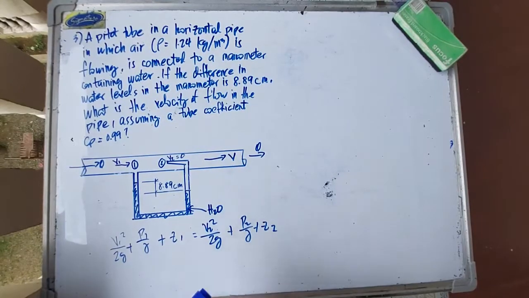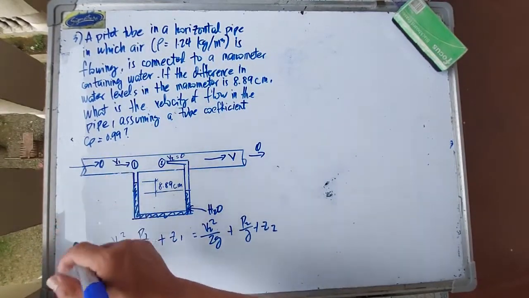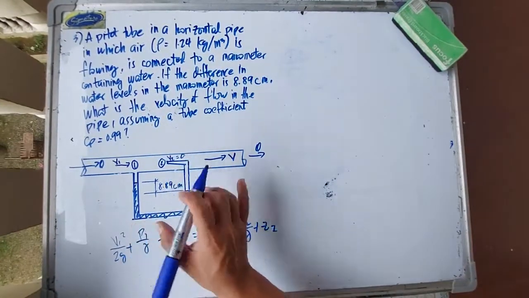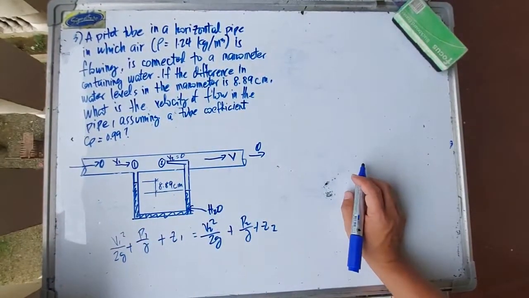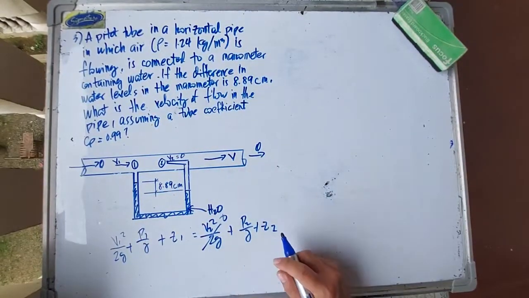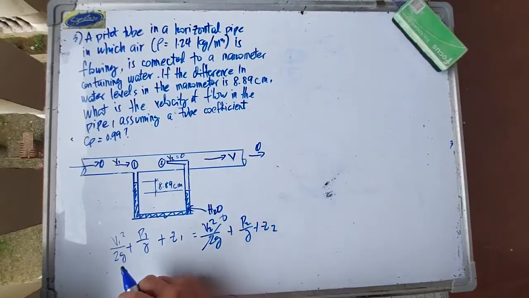How do you solve for the actual velocity? We just multiply it by the coefficient of the Pitot tube. Since V2 is 0 at the stagnation point, we have P1 and P2, and V1 is what we are solving, the velocity inside the pipe.